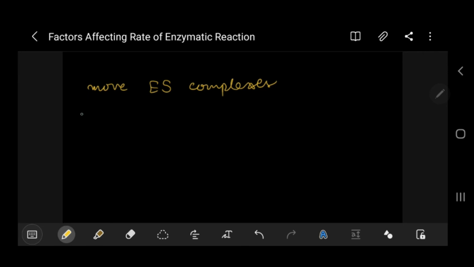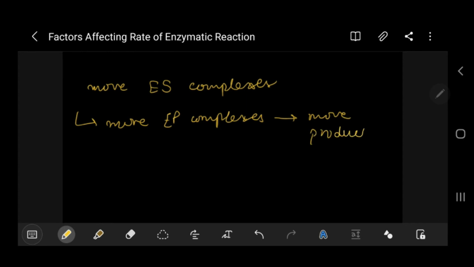Obviously you have more enzyme product complexes first, and then more products. So this is the explanation for the increase in the rate when we increase the temperature.